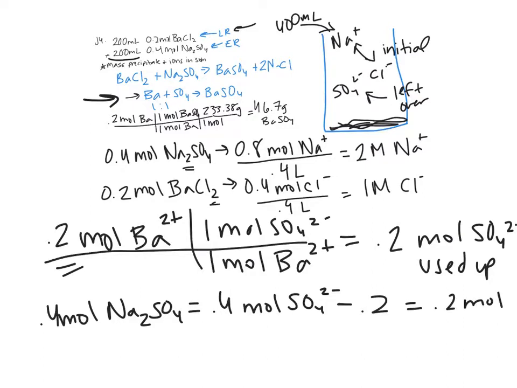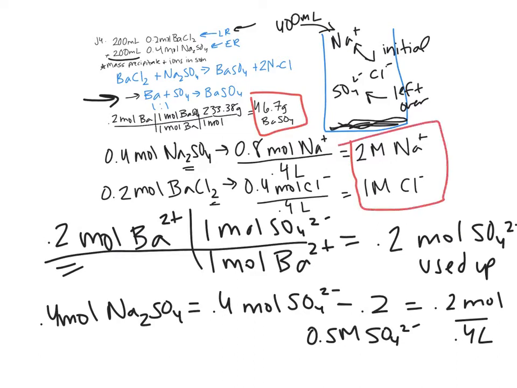That's how much is left over, and now we divide by our total liters, 0.4 liters, and we get that sulfate is 0.5 molar, SO4 2-. So our answer should be 46.7 grams barium sulfate, 2 molar sodium, 1 molar chlorine, and 0.5 molar of that sulfate left over.